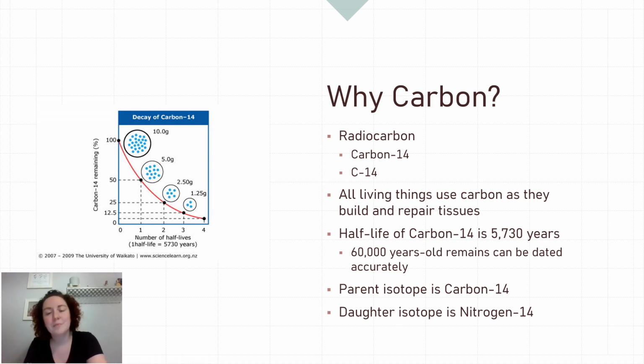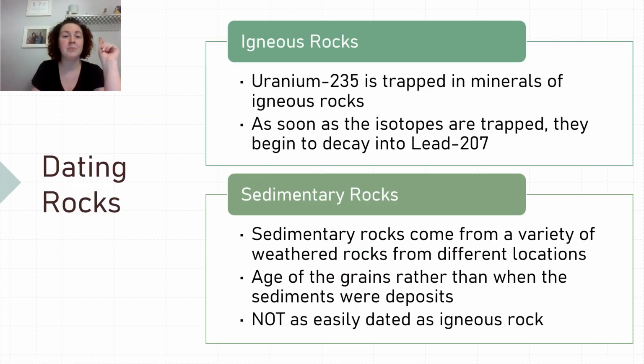Now, when we start talking about rocks, this is really easy to do in preserved remains and things like that, because it's the way it is. But when we look at rocks, we have to take a couple more things into consideration. So bear with me. Igneous rocks. Okay, igneous rocks contain a lot of uranium-235 because it gets trapped within the minerals that just happen naturally, quartz, in igneous rocks.